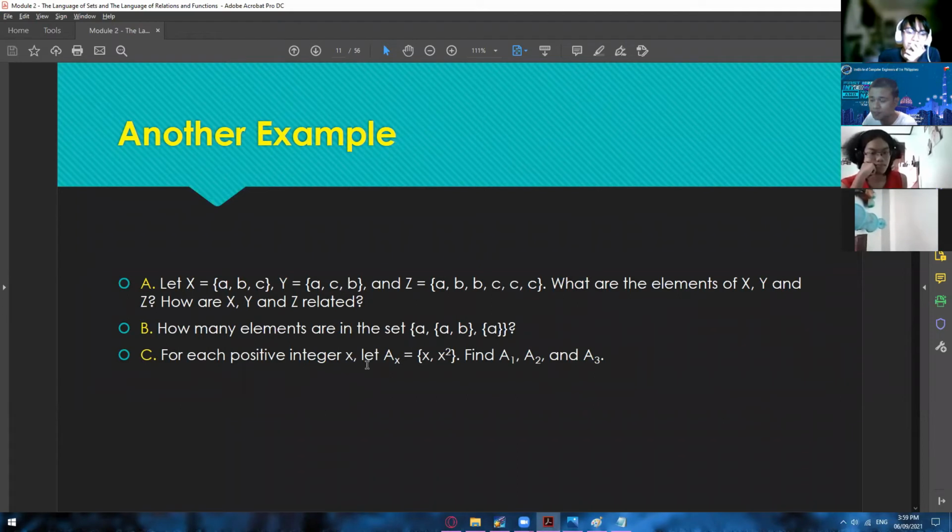For each positive integer x, let A sub x equal {x, x squared}. Find A sub 1, A sub 2, and A sub 3. Who would like to answer A sub 1 first?